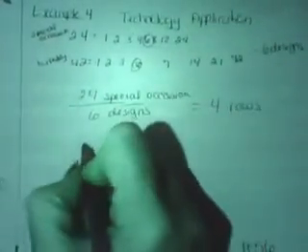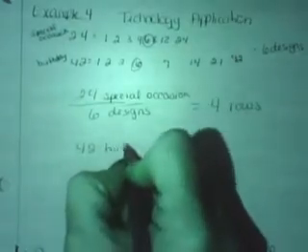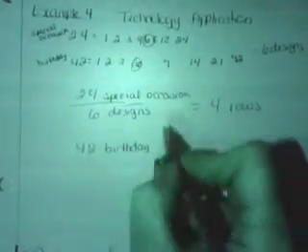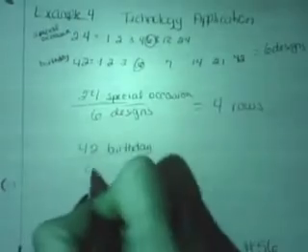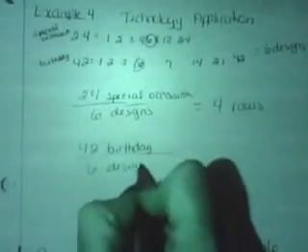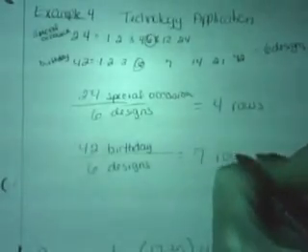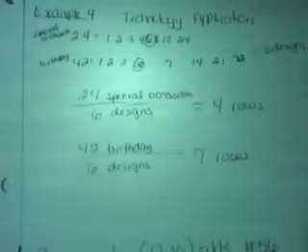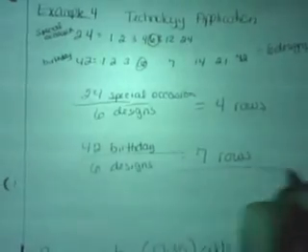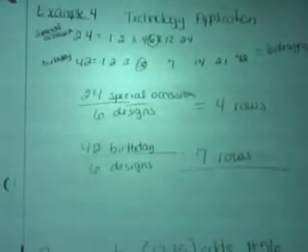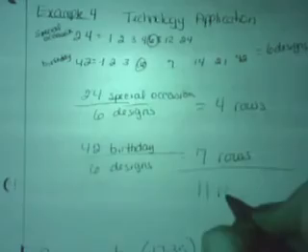Then I have 42 birthday designs. I can have 6 designs per row. I'm going to need 7 rows. 42 divided by 6 gives me 7. So how many rows total am I going to have on my page? I'm going to have 11 rows.